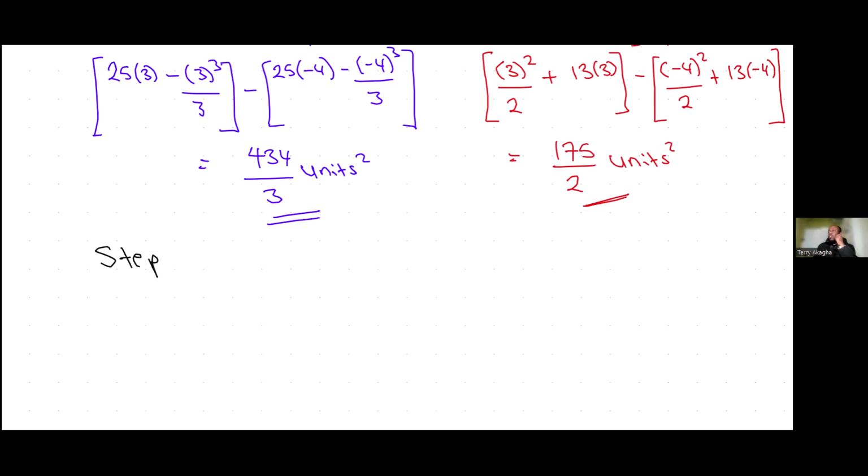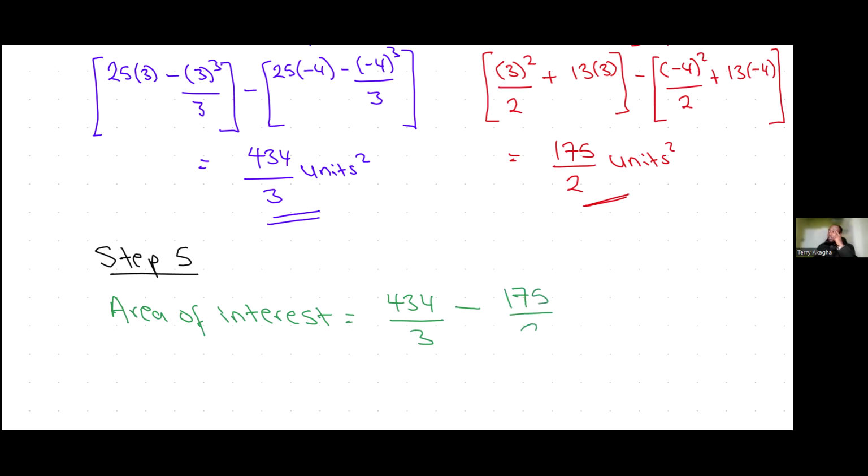So the area of interest, what we're interested in, the green part, is going to be equal to 434 divided by 3 minus 175 divided by 2.